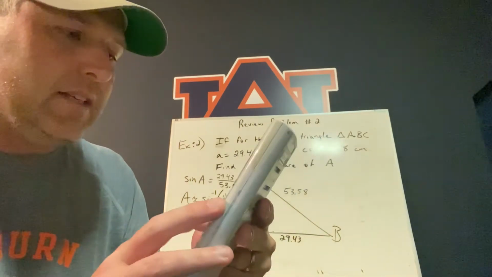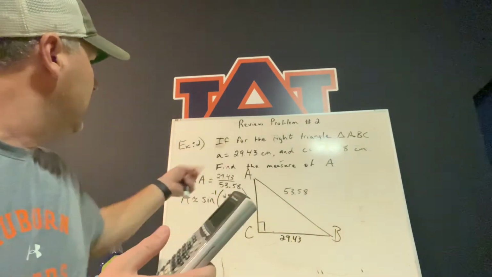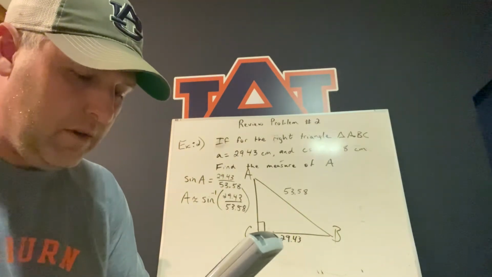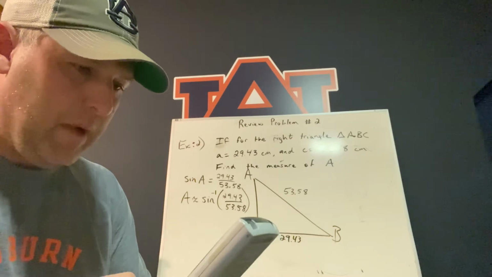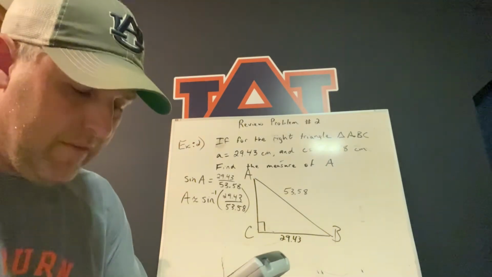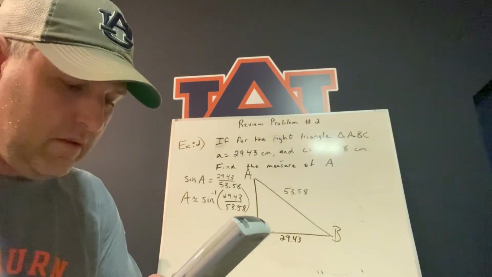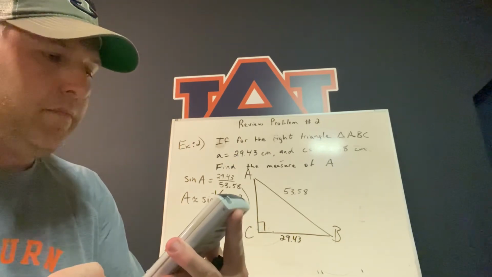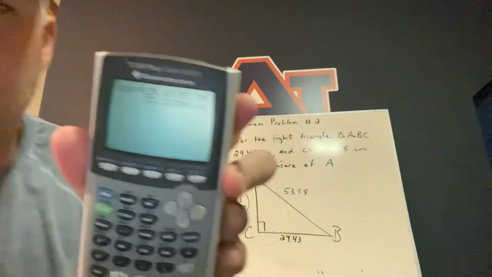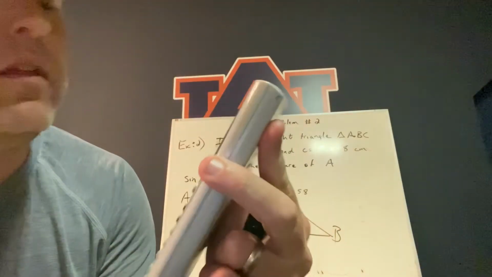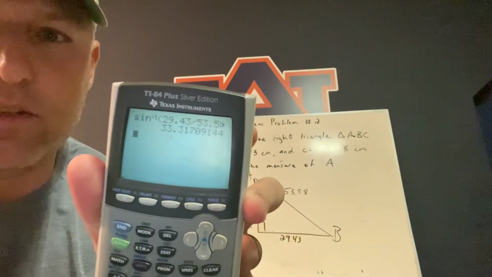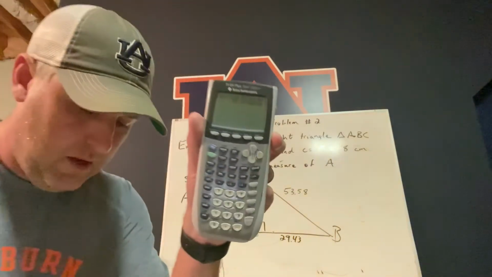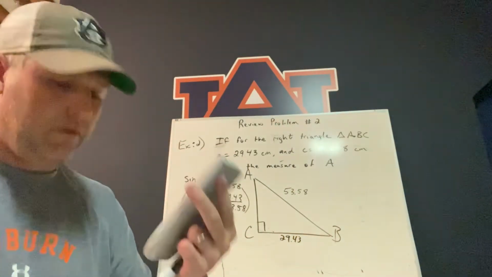So second sine, okay? 29.43 divided by 53.58. Okay, enter, and then you get 33.32. I know this is just loads of fun watching me talk to you and punch stuff in a calculator, okay?